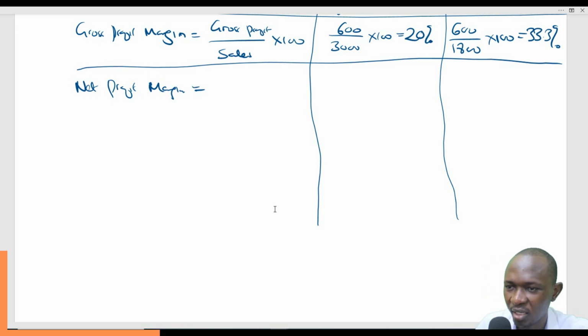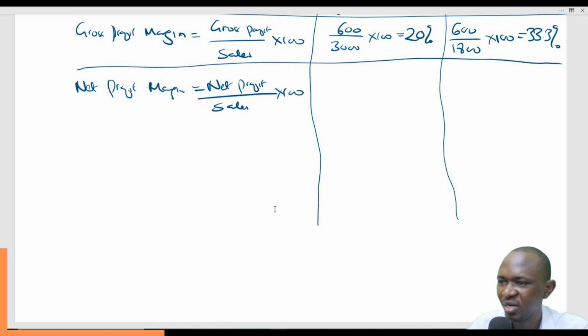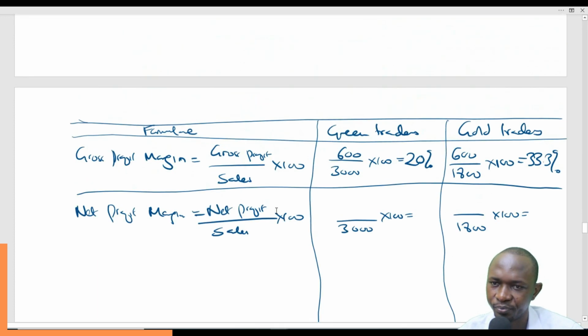So this is net profit over sales times 100. We already know the sales, so we can just fill in these blanks, and this also 1,800 times 100. So let's just get the net profit for green and gold, then we'll be done.